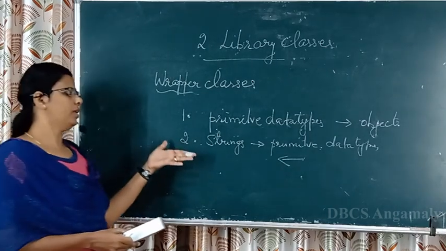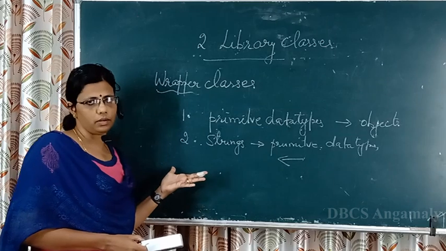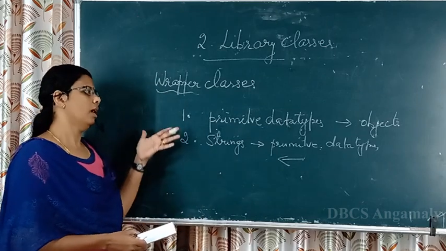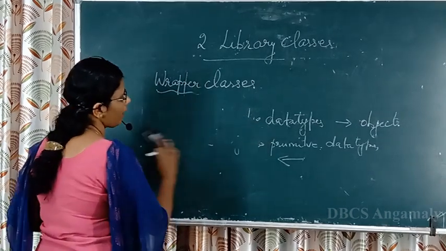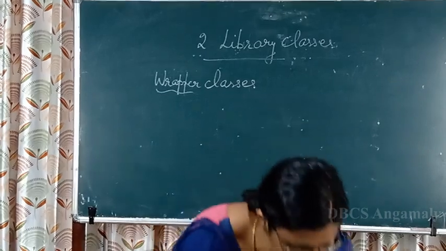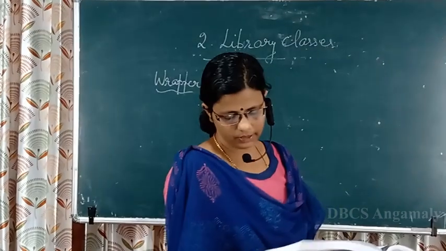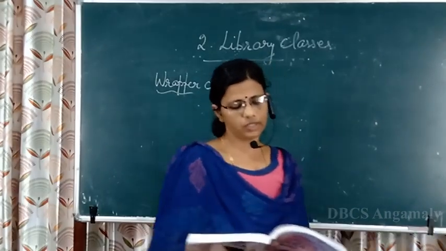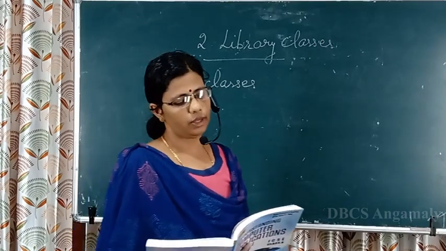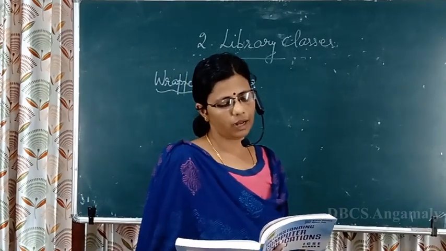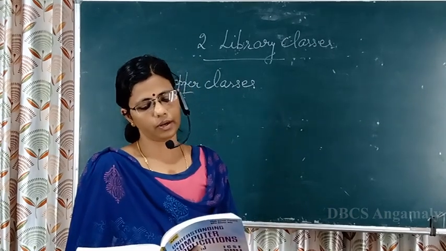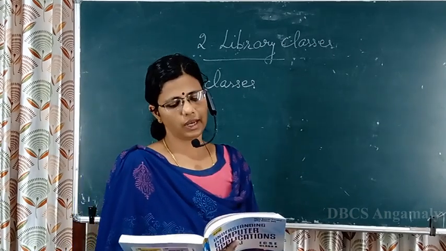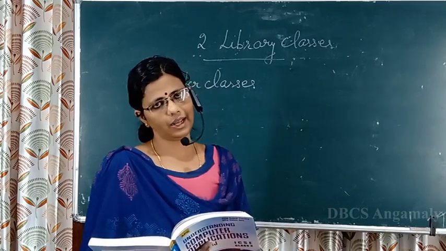Now, how many wrapper classes are we going to learn? We are going to learn about the 8 wrapper classes. Now, what are the 8 wrapper classes? Please refer to your textbook. Take page number 140. Can you see a box over there? There are 8 wrapper classes. What do you see on your left hand side? The name of the wrapper class. And what you see on your right hand side is the primitive data type.